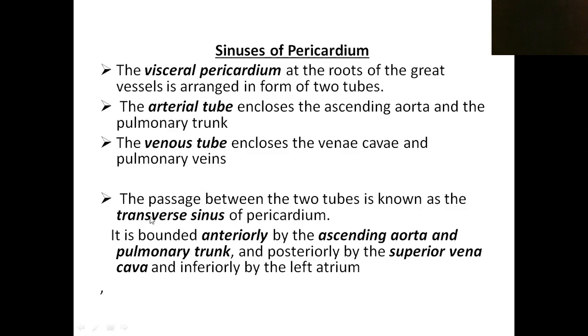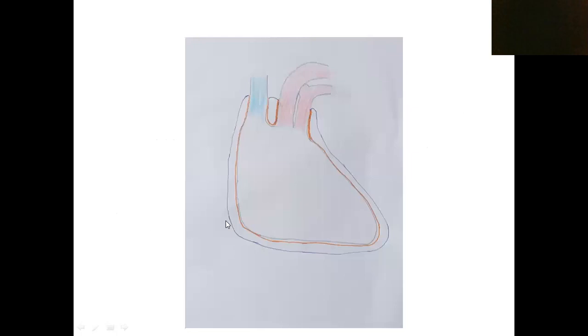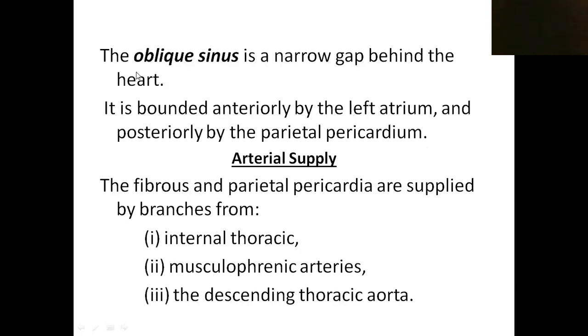Okay, then some boundaries. Anteriorly, it is bounded by the ascending aorta and pulmonary trunk. Posteriorly, the superior vena cava, and inferiorly, the left atrium. Those are some of the boundaries of this transverse sinus. Now, another passage is seen inside the venous tube.